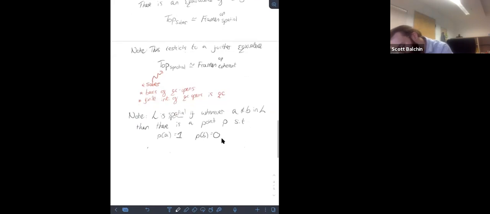A lot of ways people like to phrase this is that L has enough points. It has enough points that it can distinguish between all of these relations and separate all the points. So the point P witnesses the fact that A is not less than or equal to B.